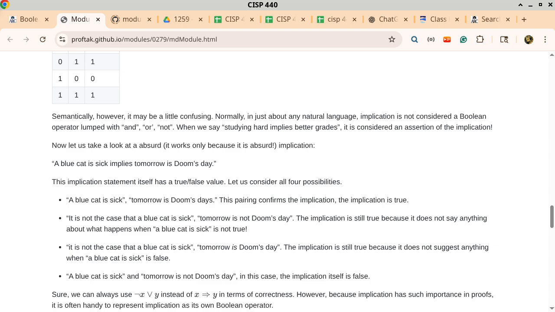So for $100, you got this statement. These are my words of wisdom: a blue cat is sick implies tomorrow is doomsday. And right away you go, oh darn it, I want my $100 back. Well, if you can prove me wrong, if you can prove this statement is false, you can have your $100 back.